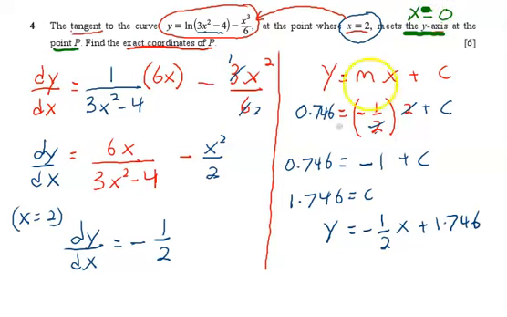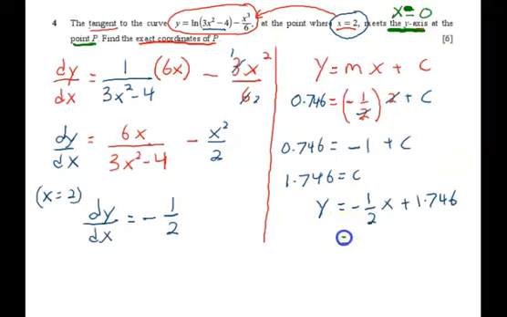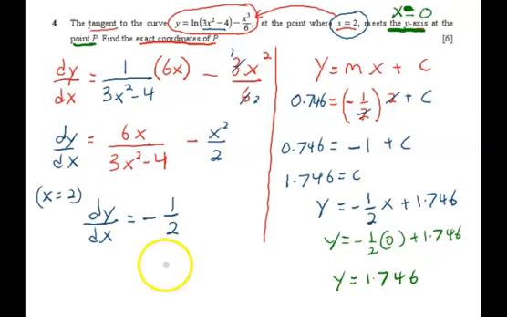So when x equals 0, your y will be 1.746. So the coordinates of P are 0 for the x and 1.746 for the y. This is your working for 6 marks.